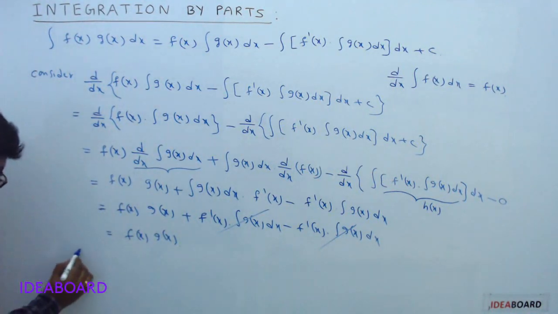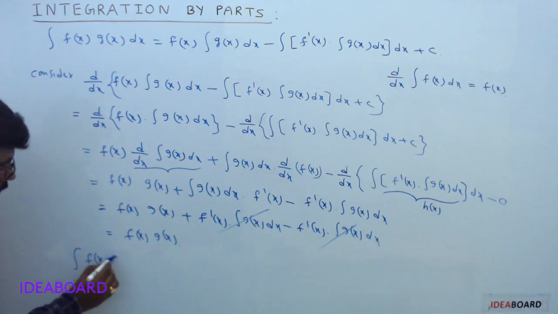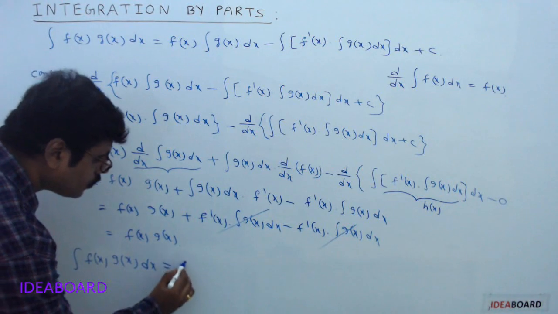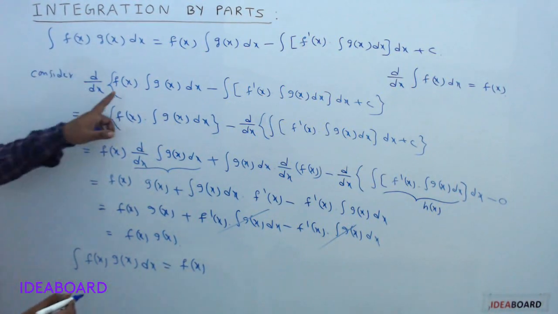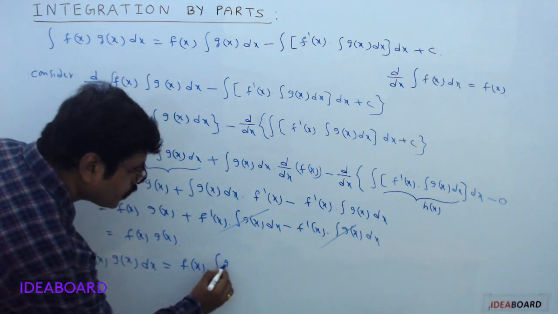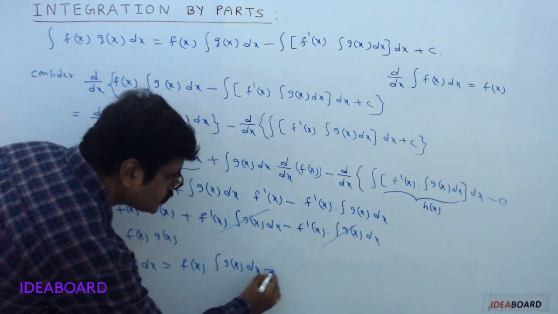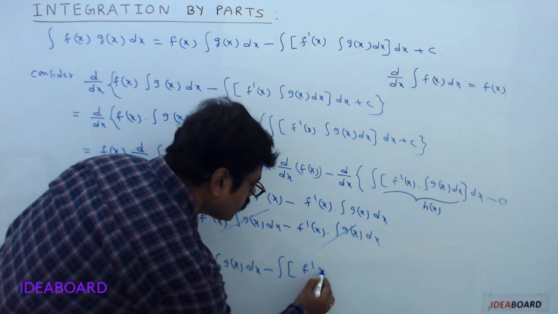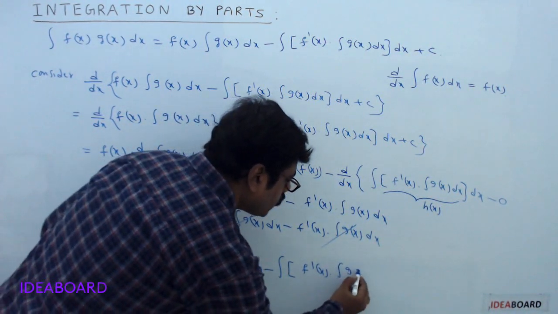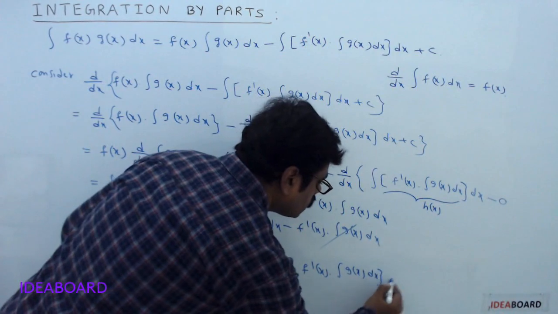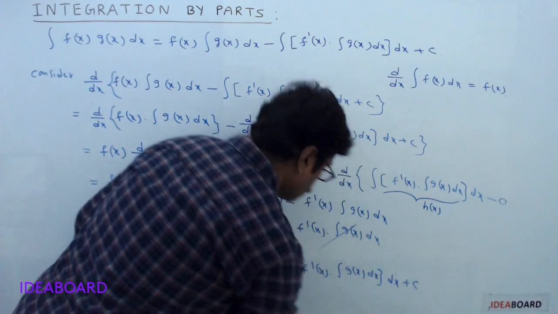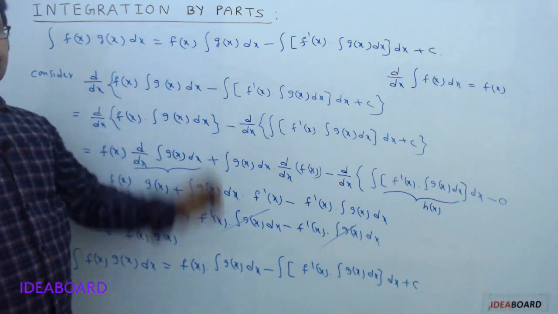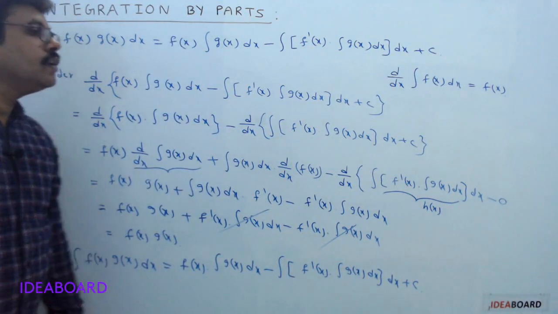It can be taken as integral f of x into g of x dx equal to f of x into integral g of x dx minus integral of f dash of x into integral g of x dx into dx plus some constant c. Now this is the derivation of the integration by parts formula.